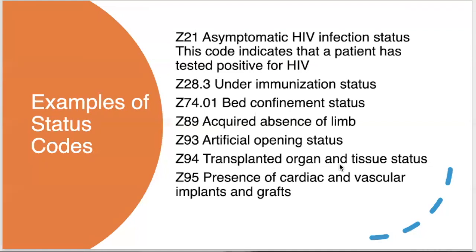Transplanted organ, if a patient had a transplant procedure in the past, you are to assign a Z94 category code. And if a patient has some type of device like a pacemaker, it's a Z95 code that you are to assign in the patient's chart. So these are status codes, guys.